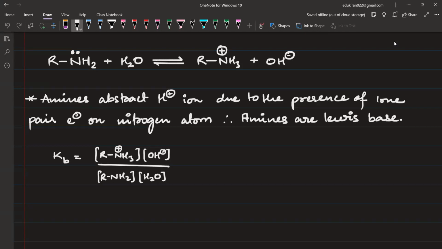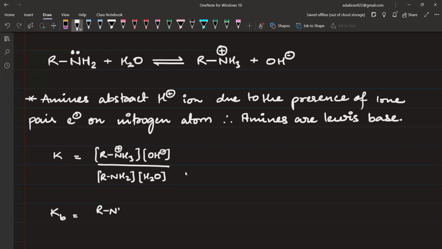Now, since H2O is also a liquid, and the concentration of liquids and solids are taken as one, or they are constant, that is why we ignore this. And when you write Kb, this water molecule is not written.